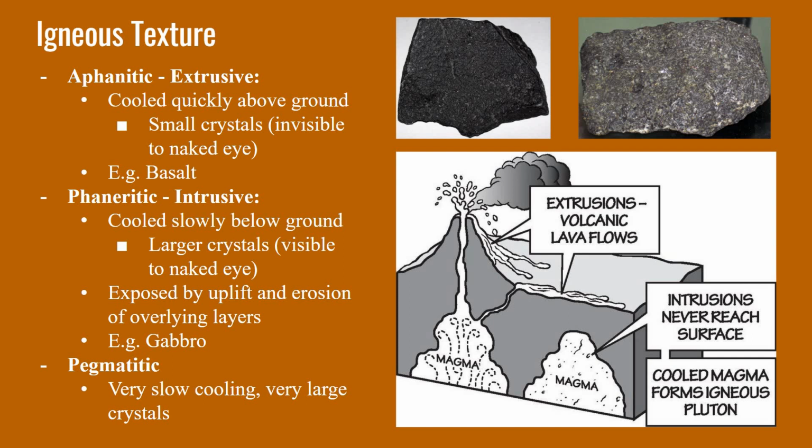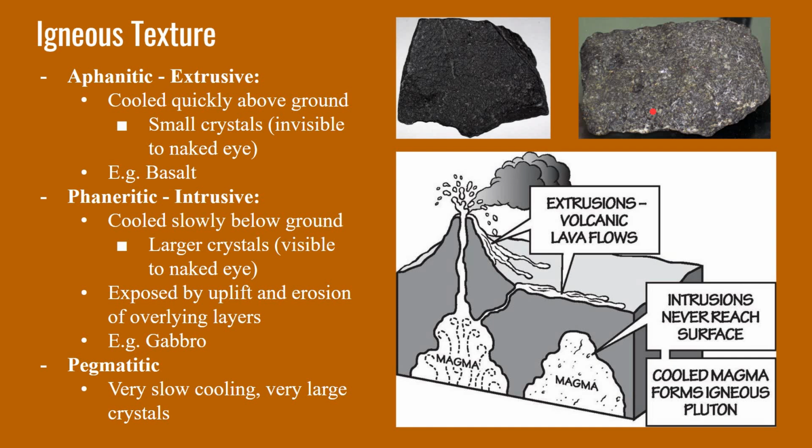And how we know about these rocks is, these plutons may have formed millions of years ago, and then over time the rock above it is eroded away, and then the pluton eventually reaches the surface where we can see it. An example of an intrusive rock would be gabbro, which is the intrusive equivalent of basalt. This one here.